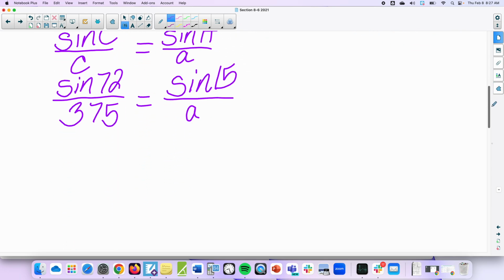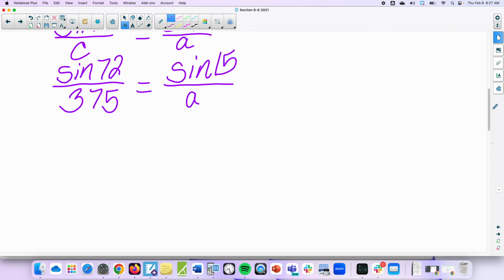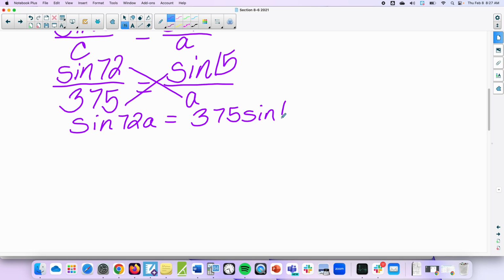Then what I do is cross products. So I'm going to multiply this, and I get sine 72a equals, and then I multiply this, and when I do that, I put the whole number in front of the trig function. So I'm gonna go 375 sine of 15. This is basically like times sine of 15.